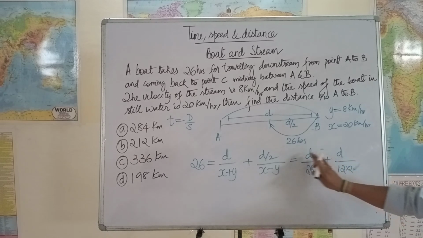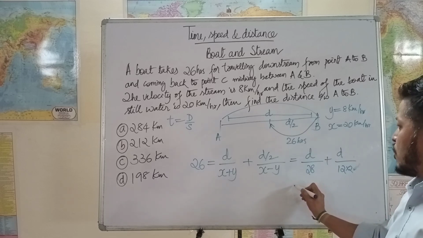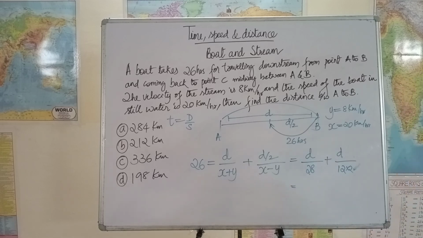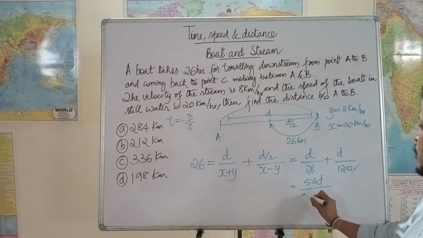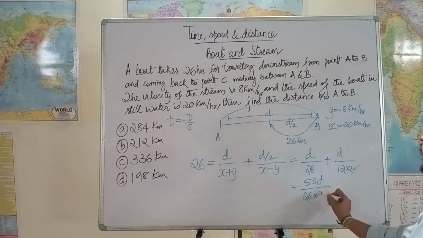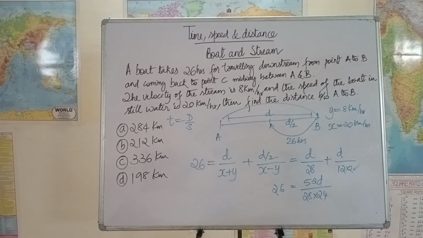So now 24d plus 28d. How much? 24 plus 28 is 52. 52d divided by 28 into 24, which is equal to 26. Or I could have cancelled that 2 also anyways.